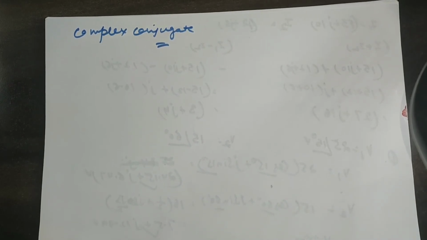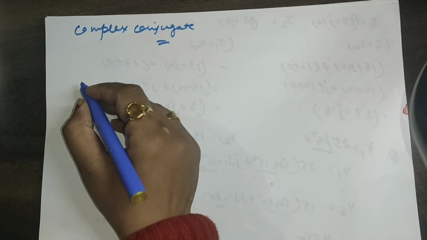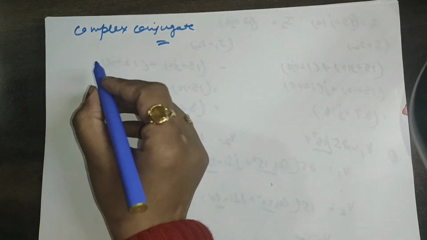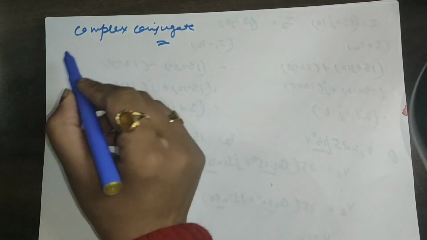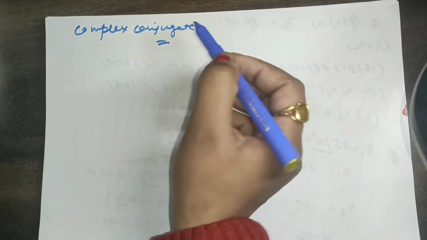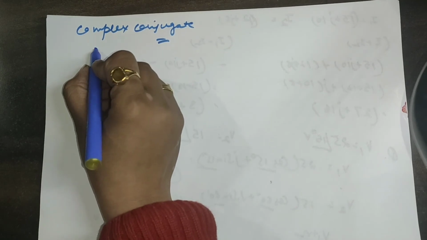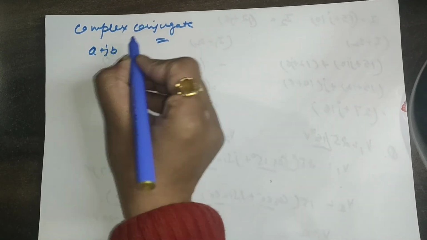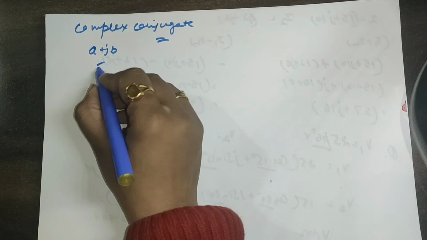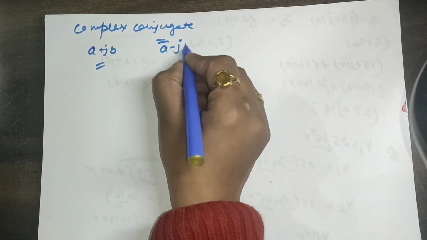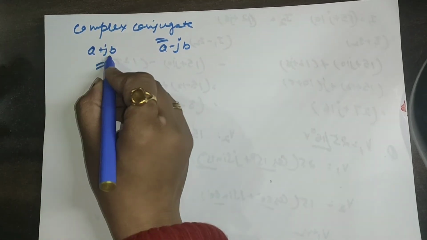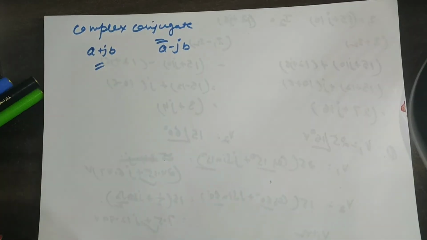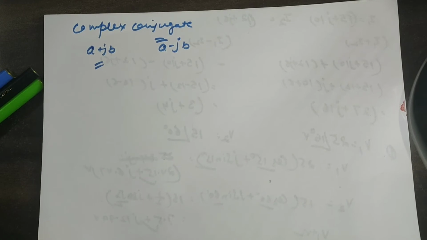Numbers are said to be conjugate if they differ only in the algebraic sign of the quadrature component. Let's suppose a plus j beta is a complex number. The complex conjugate of this number will be a minus j beta.